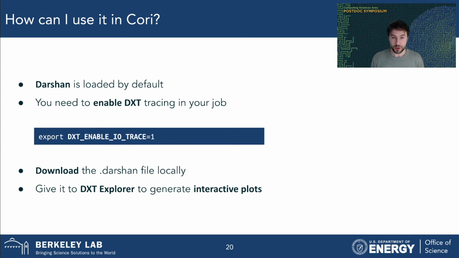You run a job, it will generate a Darshan file in a specific location in the system. You can find more in the NERSC documentation. You download that trace and you can locally give it to the DXT Explorer tool and generate the interactive plots for operations, for transfer size, for spatiality, and take that first step towards optimizing your application.